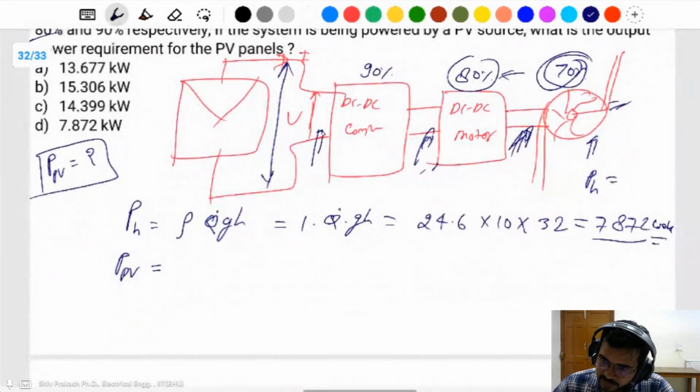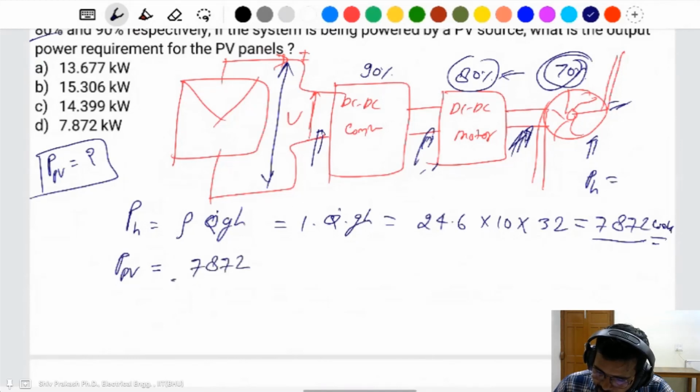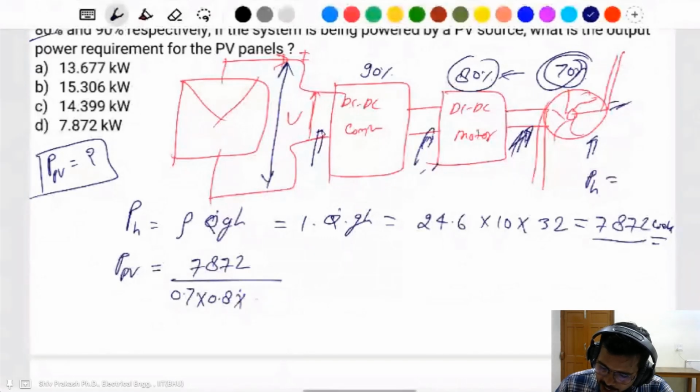So total power: PH 7872, divided by 70%, 0.7, after that divided by 80%, 0.8, after that divided by 90%, 0.9. Calculate this one, we find 15619 watt.